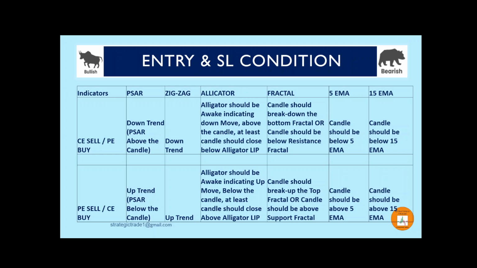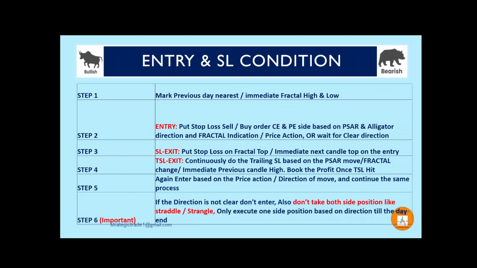So next, how we are putting the stop loss. That we already discussed. Mark the previous day's nearest or immediate fractal high low. Put the stop loss sell or buy order, C or P side, based on the PSAR and alligator direction, fractal indication and price action.